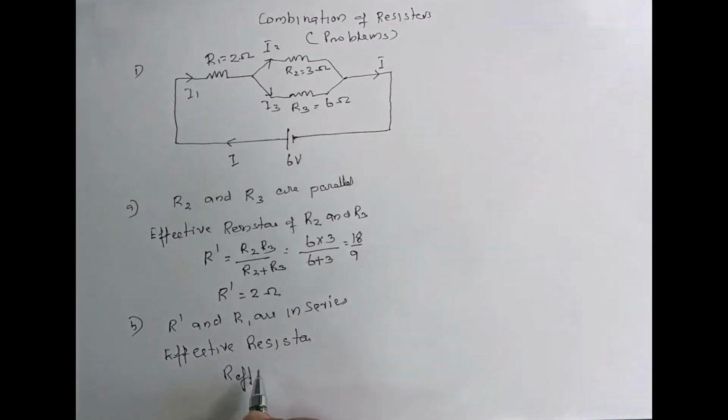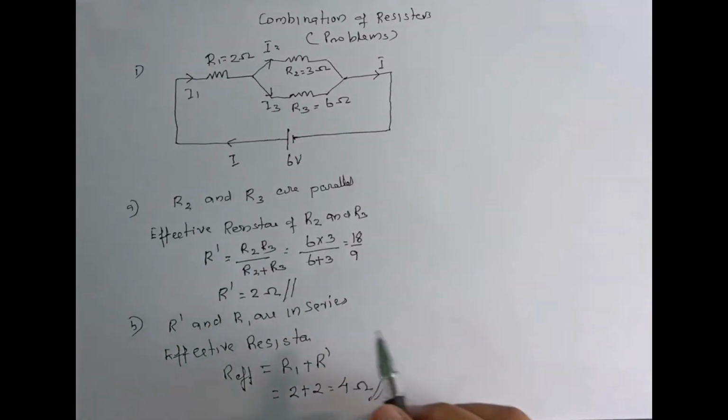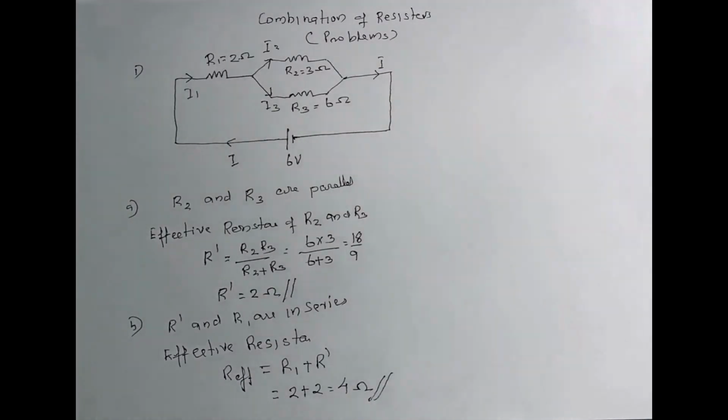R effective is equal to R1 plus R dash, that is equal to 2 plus 2, 4 ohm. So we got R dash value, we got R effective value.